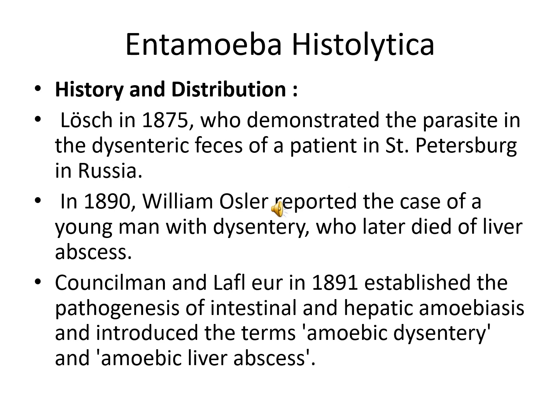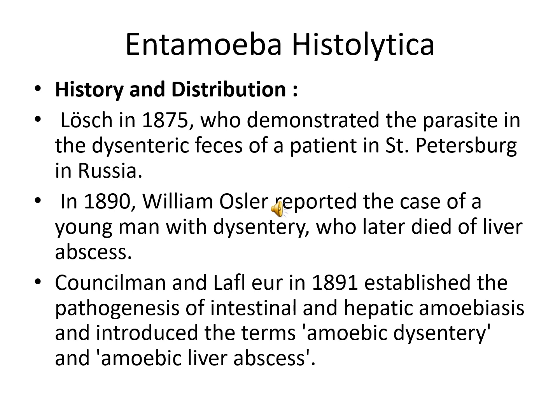So moving to the history, Losch in 1875 demonstrated the parasite in the dysenteric feces of a patient in Russia, and William Osler in 1890 reported the amoeba in the dysenteric feces of a young man who later died with liver abscess.